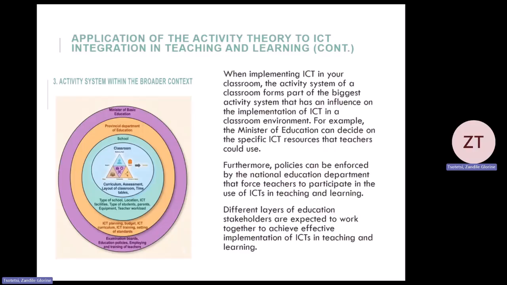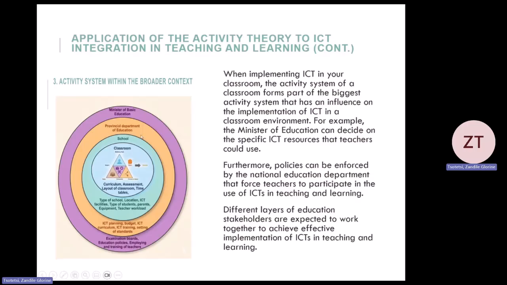As you can see on this diagram, we have the different stakeholders on top, and then underneath, it's sort of like a circle. So the classroom responsibility is curriculum, assessment, layout of the classroom, timetables, and then we have the school. The school is the types of school, location, ICT facilities, types of students, parents, equipment, teachers, workload.